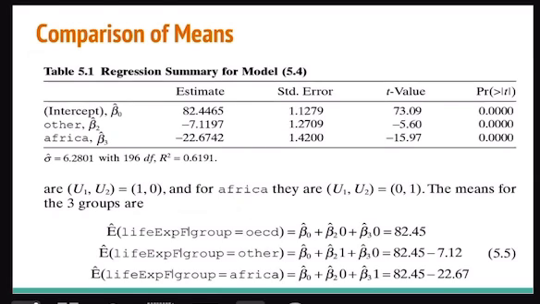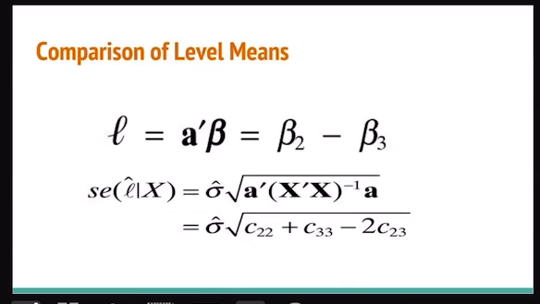Let's say beta 2 minus beta 3 means I want to estimate the difference between two groups. I also want to have a standard error associated with that, because the difference between the two groups is an estimate. Then I should have a standard error in case I want to conduct statistical inference.